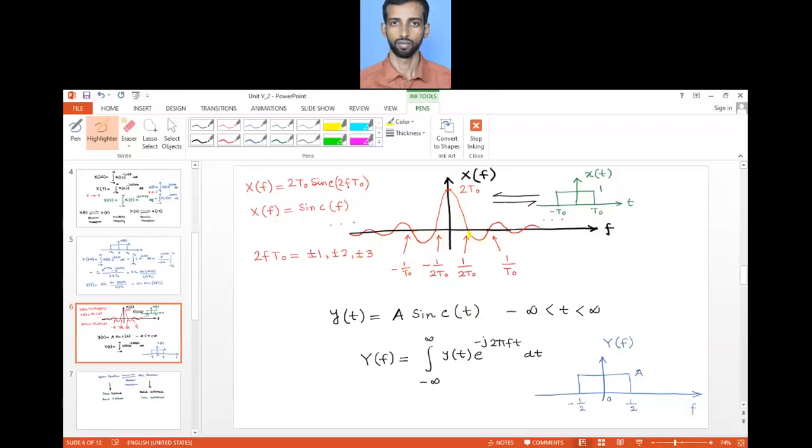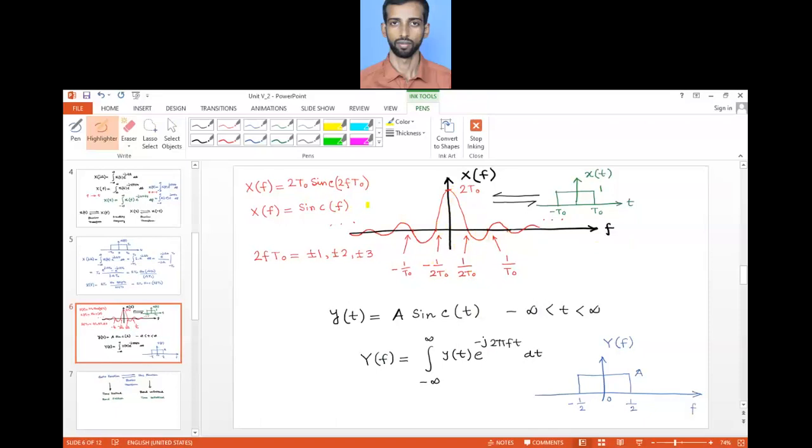And the first zero crossing, from −1/2T₀ to 1/2T₀, is known as the main lobe of this sinc function. As you increase the frequency, the amplitude of the height gets reduced, and ultimately it will extend up to plus infinity in this direction and minus infinity in that direction. So accordingly it will move.